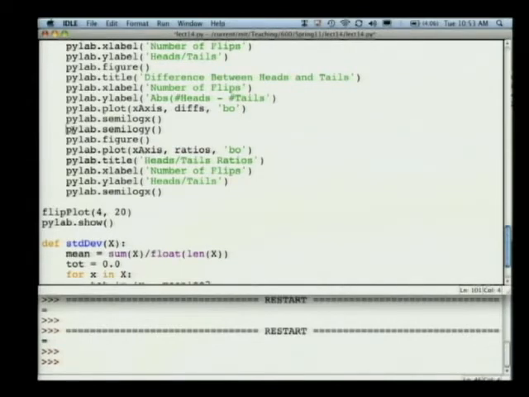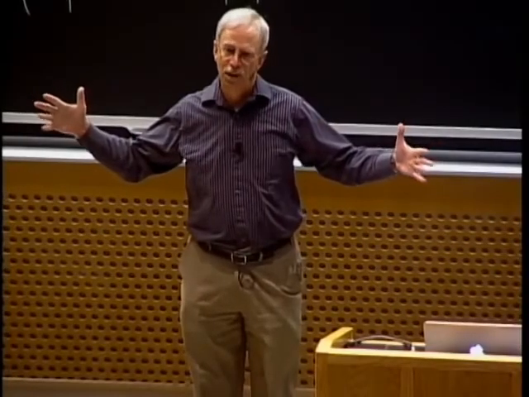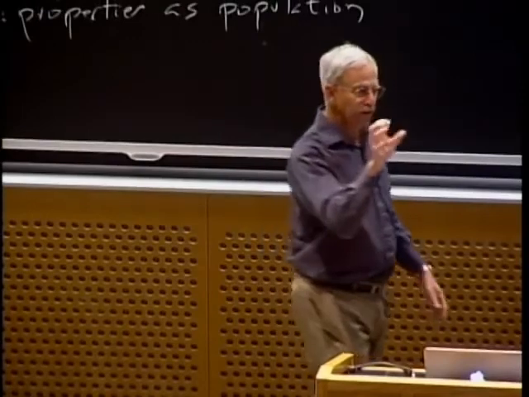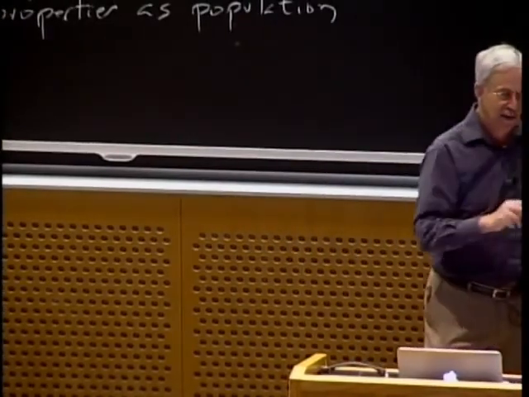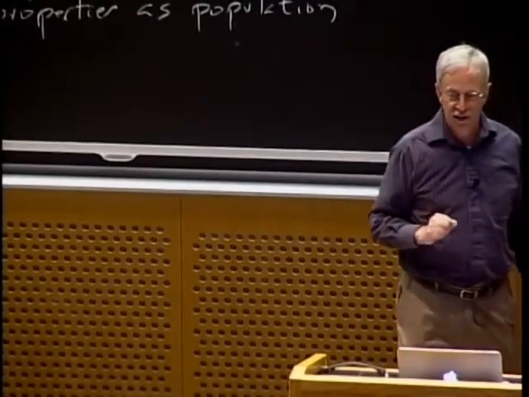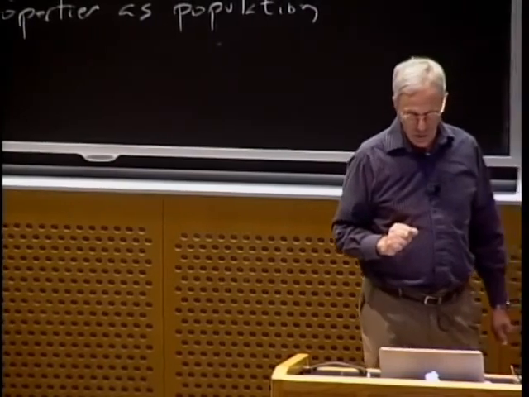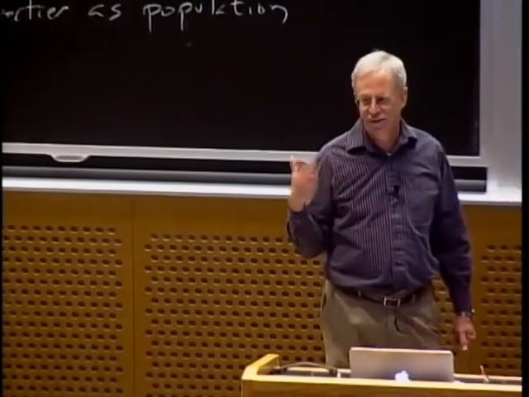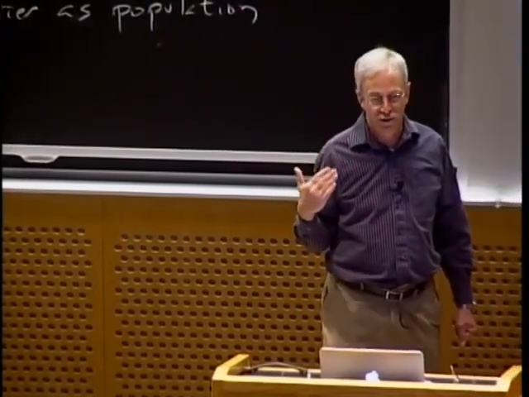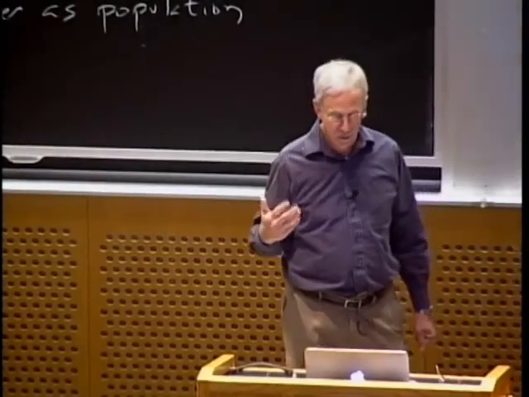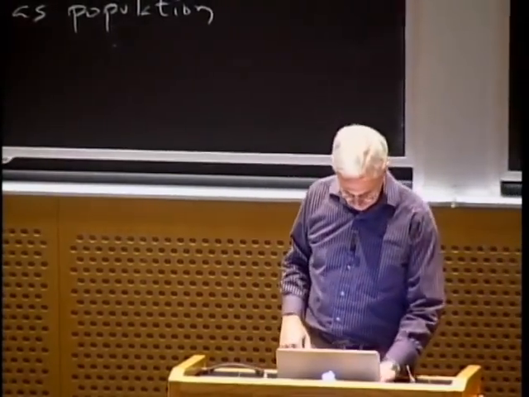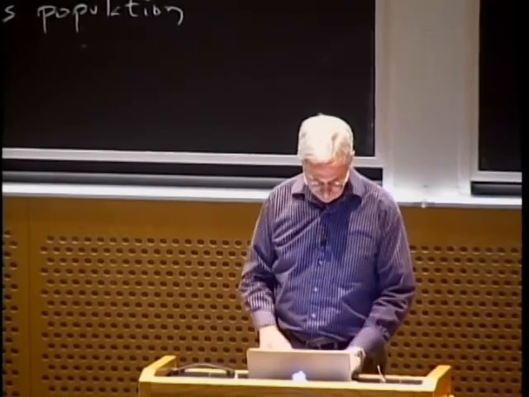Because both have a large range. And by making it logarithmic, I can see what's happening at the left side in this case, where things are changing. When I look at the ratios, the y-axis does not have a very large range, and so there's no need to make it logarithmic. We'll run it.